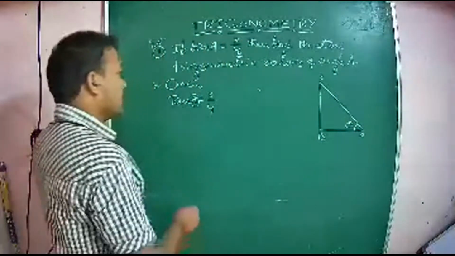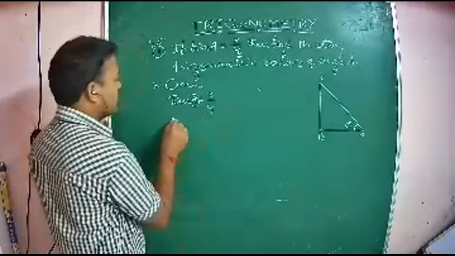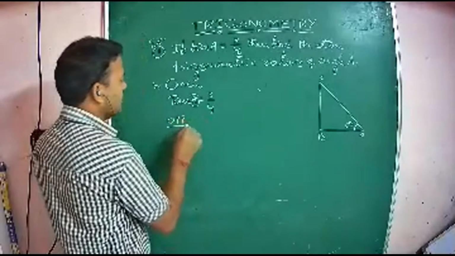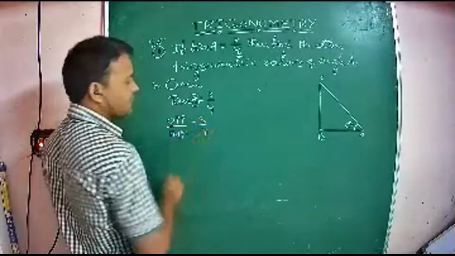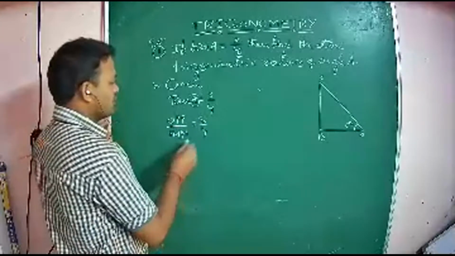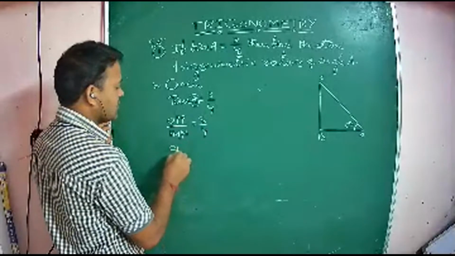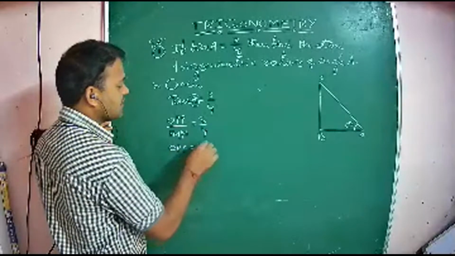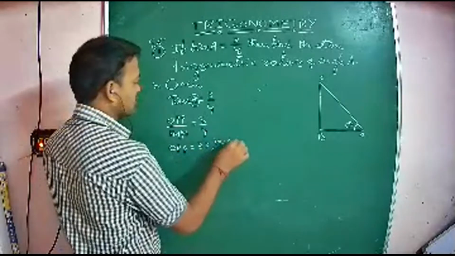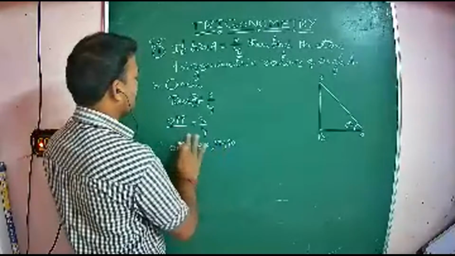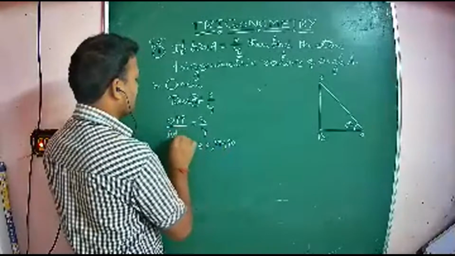Clear? So what is the tan theta formula? Opposite side by adjacent side is equal to 3 by 4. The opposite side is 3k, and this, for tan A, is called the adjacent side.